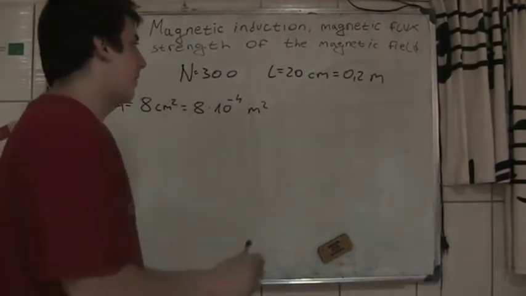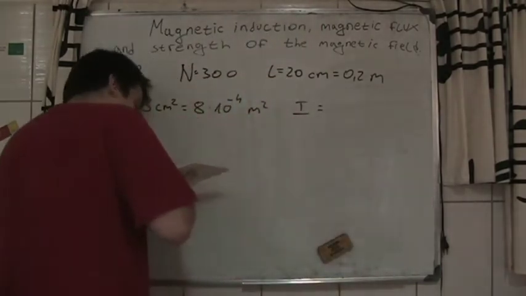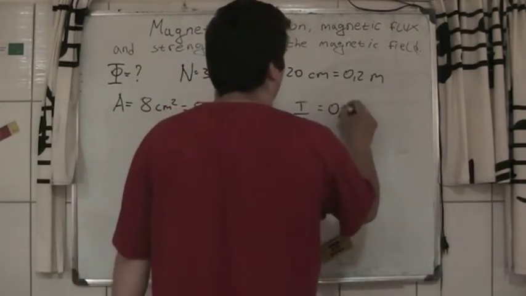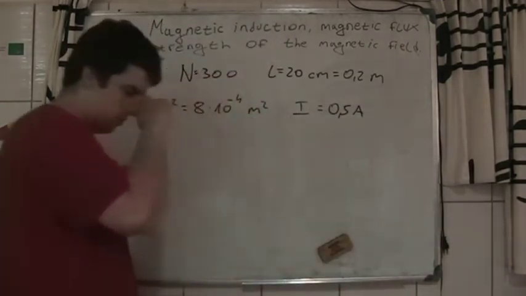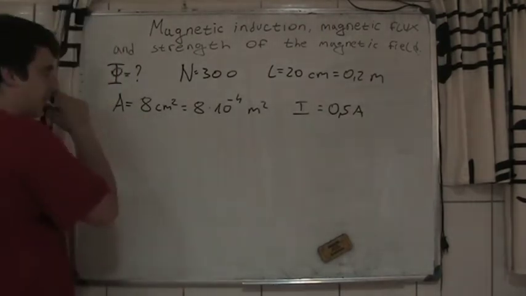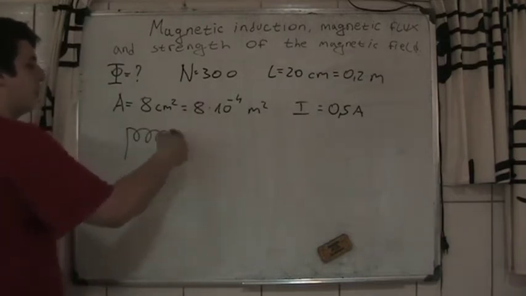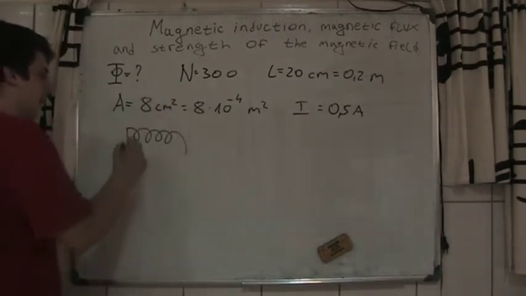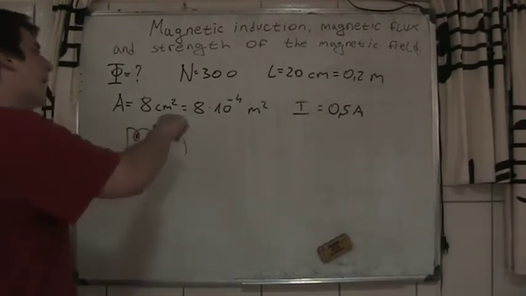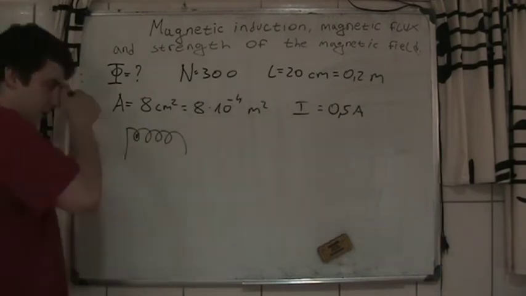And we have a current that goes through this loop with a strength of 0.5 amperes. So we have everything here. We have a solenoid with 300 loops, length 0.2 meters, and the area 8 times 10 to the minus 4 meters squared.